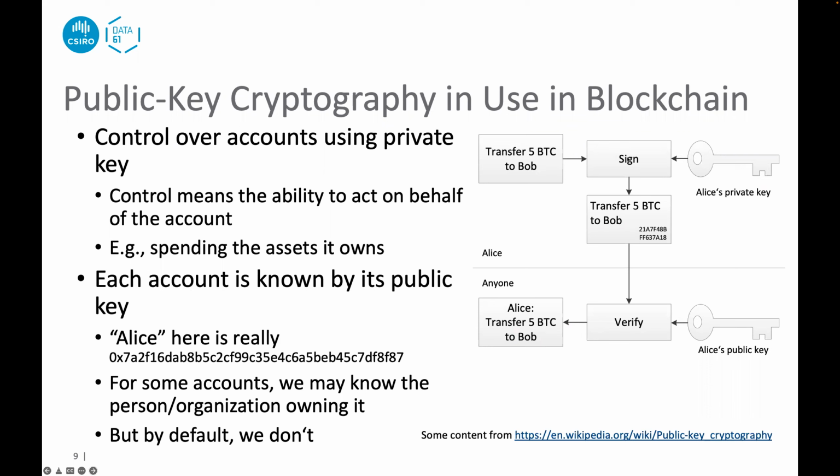And then you sign that transaction. In order to sign this transaction, because you are going to send your money, you should be the only one that is able to do this. So you sign your transaction with your private key because that is the one that you hold. And then how does the Bitcoin network know that this transaction was actually made by Alice? It is because the network knows your public key.